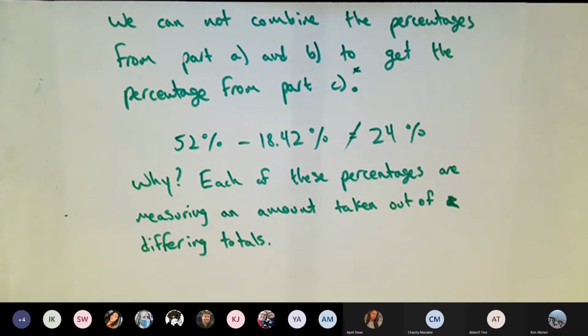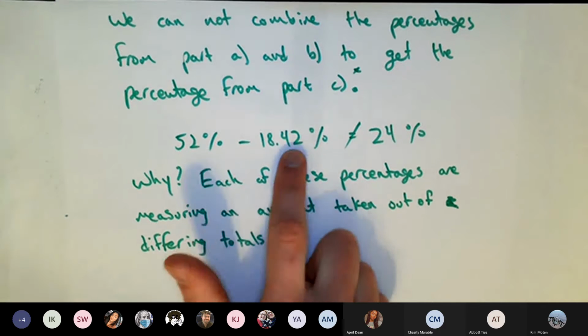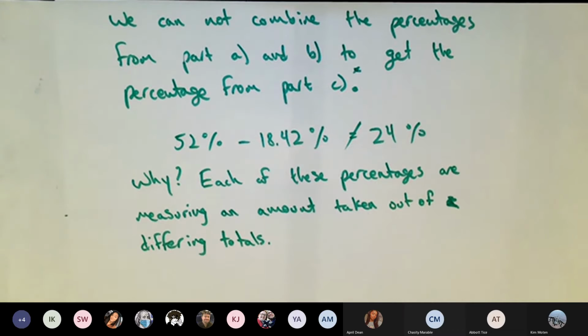If I wrote these percentages as fractions, then it would be clear why we can't add or subtract them, because they have different denominators. Now the part A and part C actually have the same denominator, so maybe there's something we could say there. But that central one has a denominator out of 38, right? So that's kind of why we can't add or subtract.